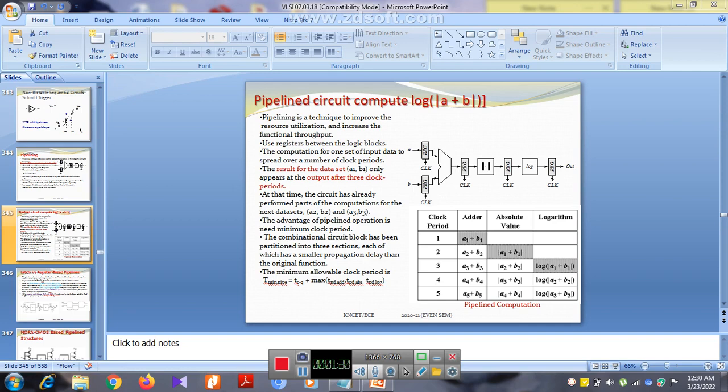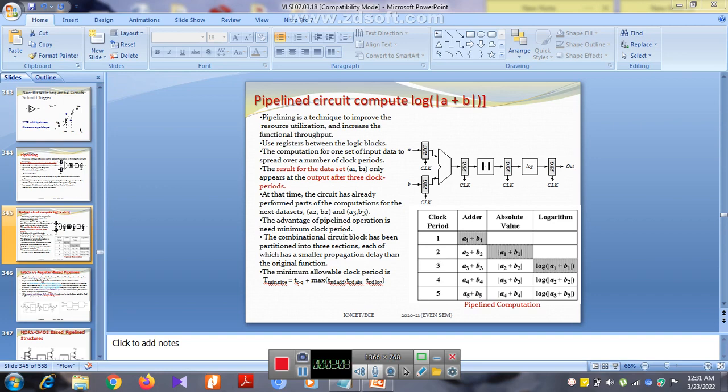The advantage of the pipeline concept is the minimum clock period. The combinational circuit block has been partitioned into 3 sections, each of which has a smaller propagation delay than the original function.